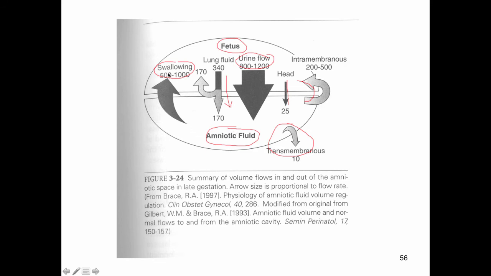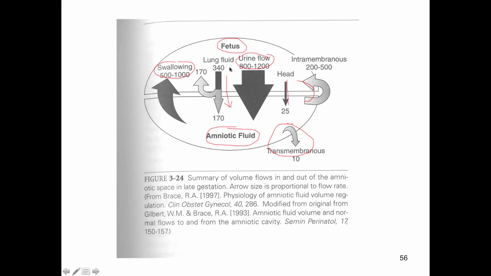And you also might imagine that if there are any congenital abnormalities in the structure of the GI tract, that might interfere with fetal swallowing and the processing, the removal, of amniotic fluid. So maybe in that case, amniotic fluid would actually accumulate.